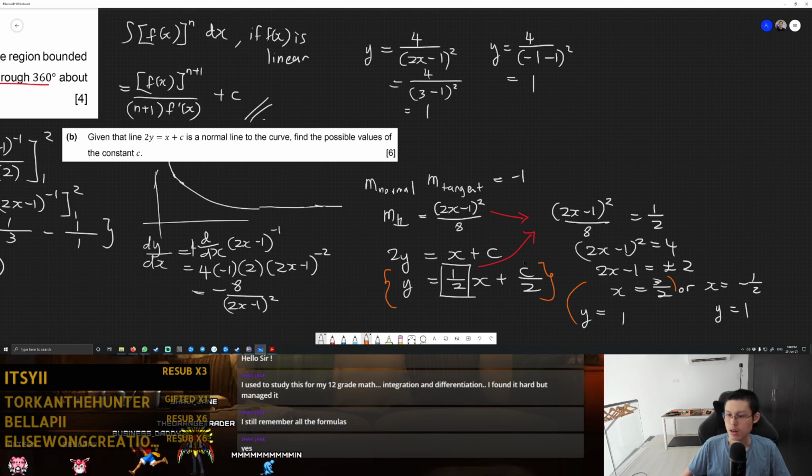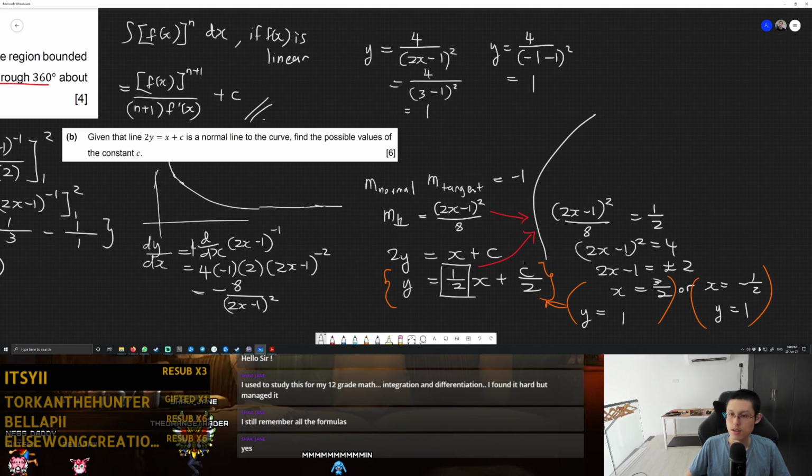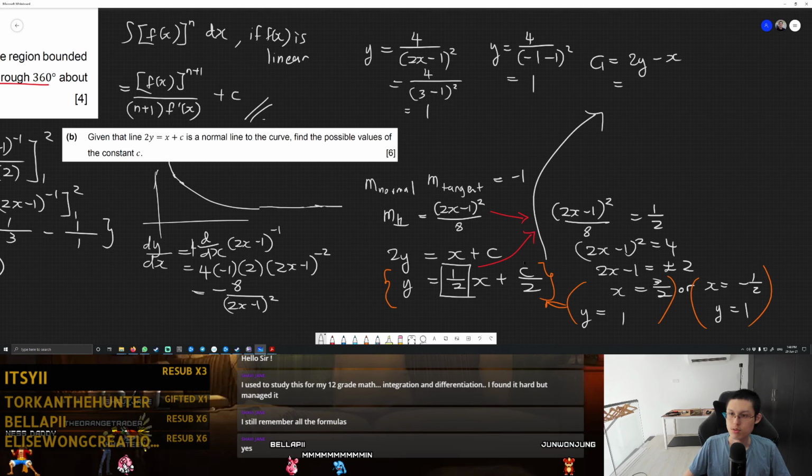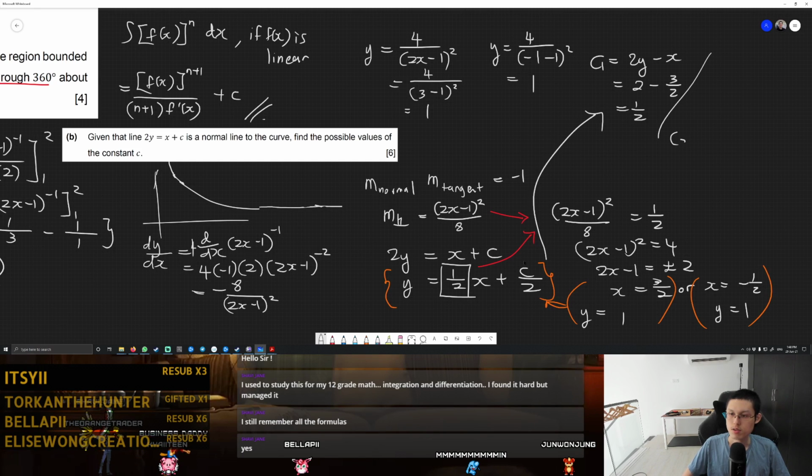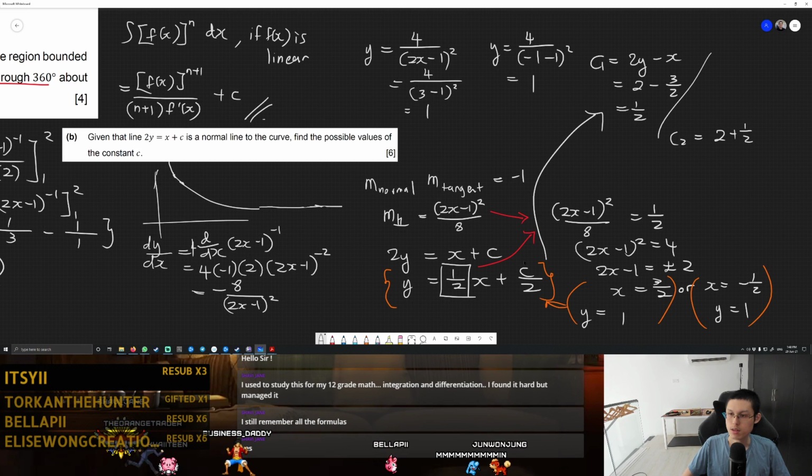So we're going to take this, chuck that into this to find c. So c1 is going to be equal to, let's see, 2y minus x. So 2y is 2, minus x is 3 over 2, so we get a half. Or c2 is going to be 2 plus a half, which is 5 over 2.